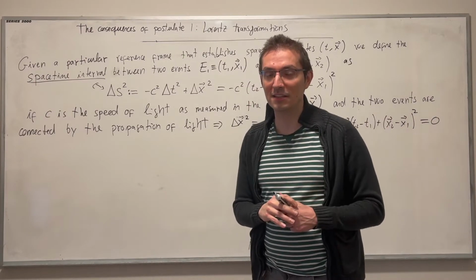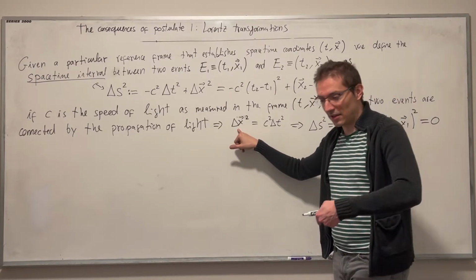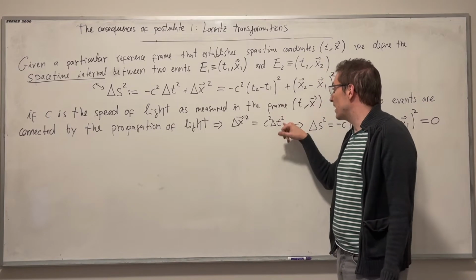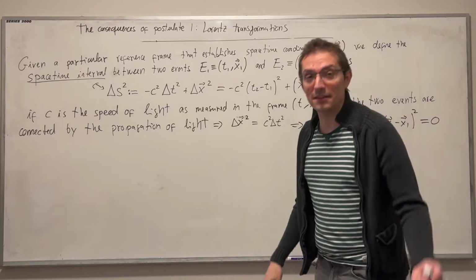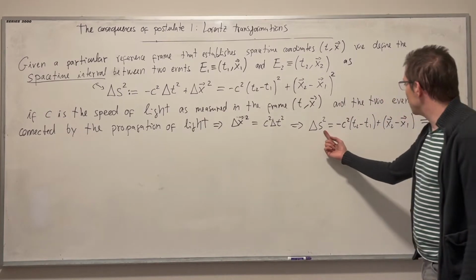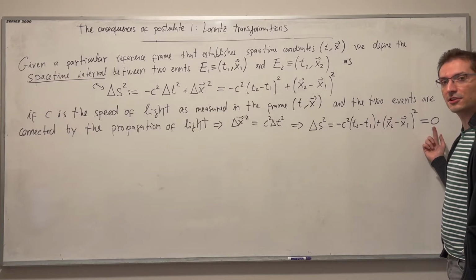Those are two events connected by the propagation of light. So the amount of space covered between event 1 and event 2 is exactly equal to the speed of light multiplied by the amount of time that it took to get there. So if that's the case, then I know that the space-time interval in this frame is 0. All right, so far so good?